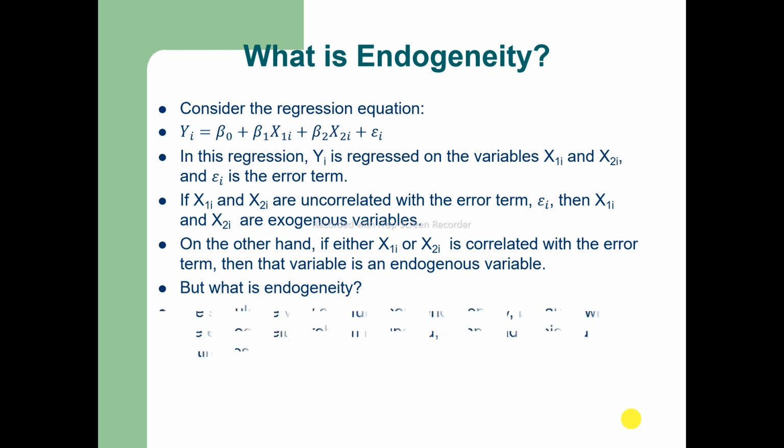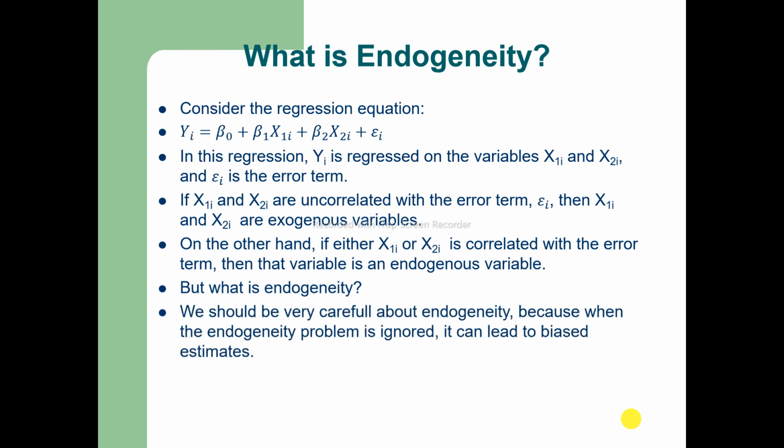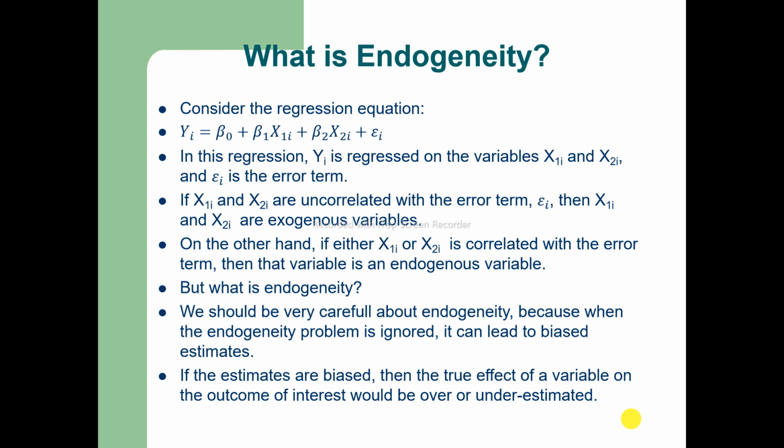But what is endogeneity? We should be very careful about endogeneity, because when the endogeneity problem is present and it is ignored, then it can lead to biased estimates. If the estimates are biased, then the true effect of a variable on the outcome of interest would be either overestimated or underestimated.